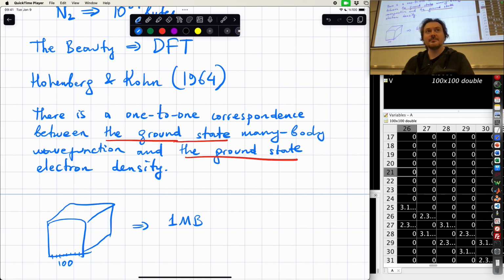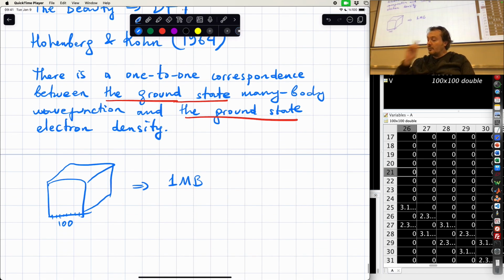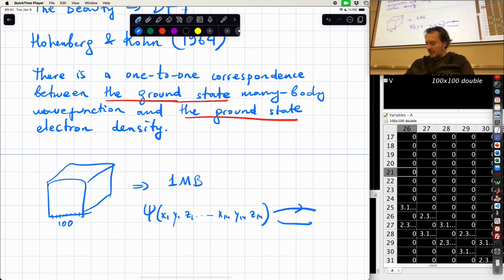Okay? So it tells you that there is a one-to-one correspondence between this beast that goes like x1, y1, z1, ... x14, y14, z14. Only one such wave function corresponds to only one electron density.